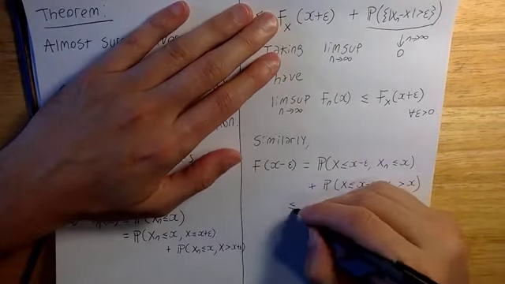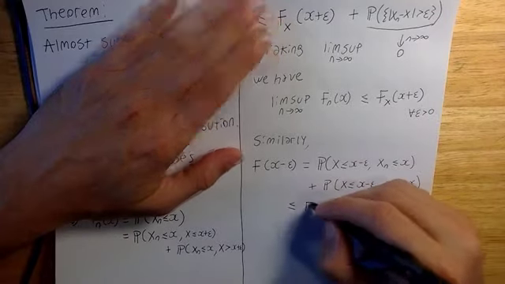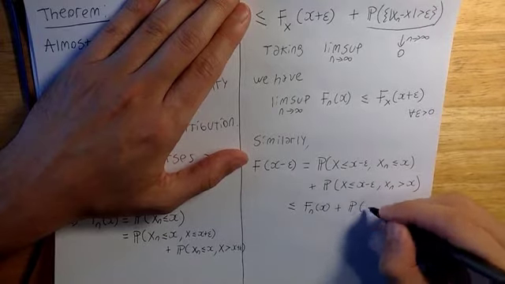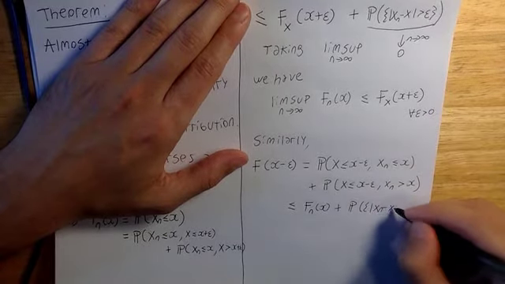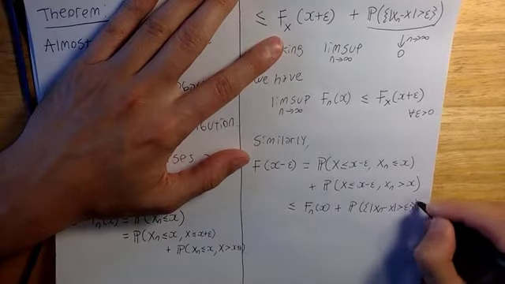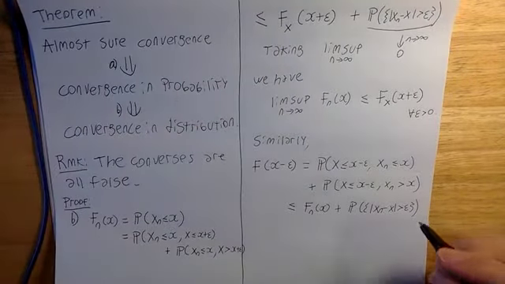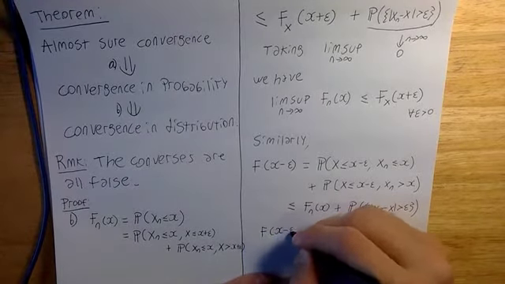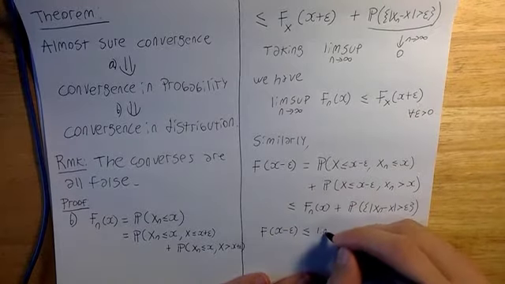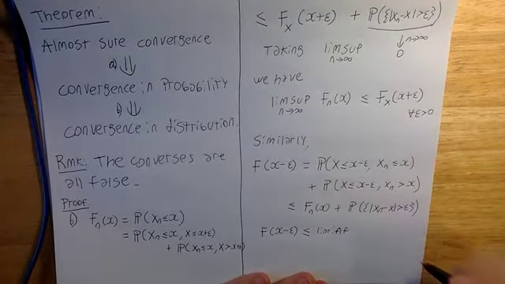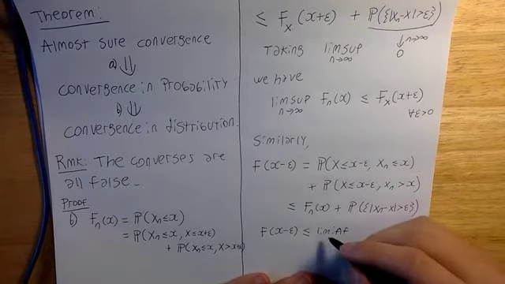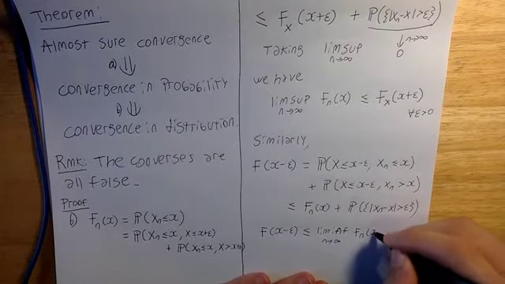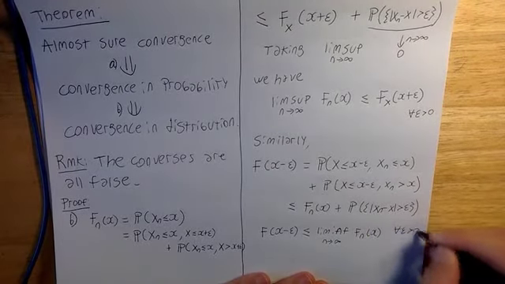So this again is less or equal than F_n of x plus the probability that |Xn minus X| is bigger than epsilon. Therefore, F_X of x minus epsilon is less or equal than the lim inf, when n goes to infinity, of F_n of x. And again, this is for every epsilon positive.